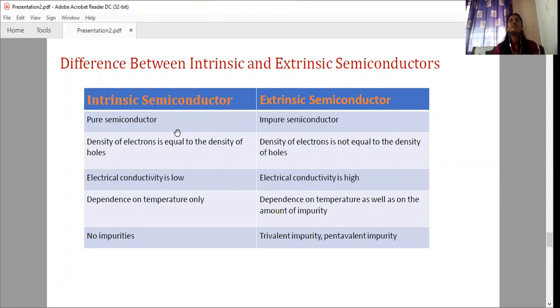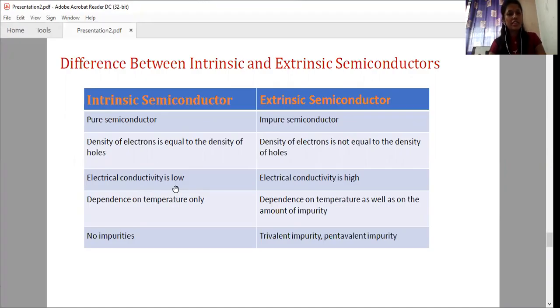First, the intrinsic semiconductor is in pure form, having a density of electrons equal to the density of holes. I have already told you that the number of holes is equal to the number of electrons, and electrical conductivity is low. I am focusing on that: the electrical conductivity is low.